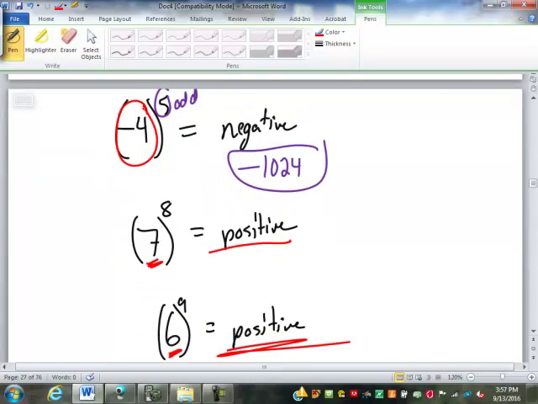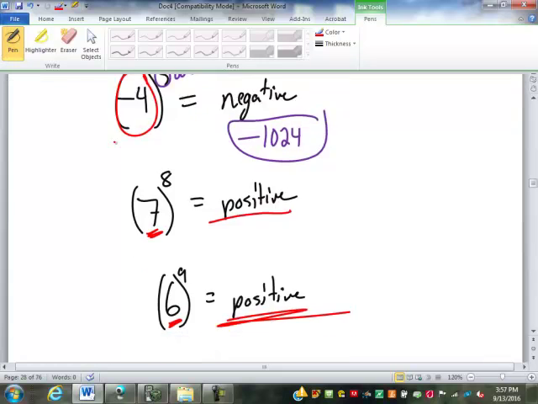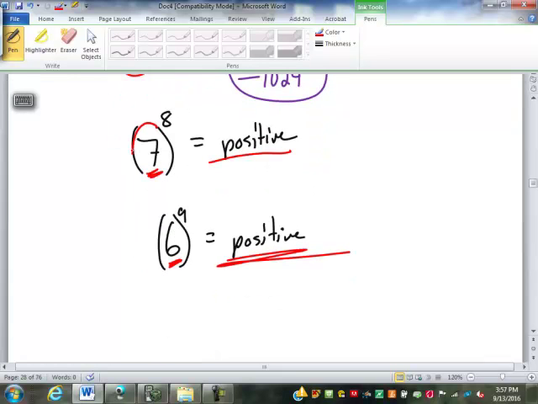So the rule applies just when the numbers are different, negative and positive? Well, just when the base is negative is the only time. Can the power be negative? The power can be negative, but we're not going to look at that yet. That gets confusing. If the power is negative, it can still be a negative answer. But that's getting kind of complex for us at this point in the game. We'll look at that later in the semester.